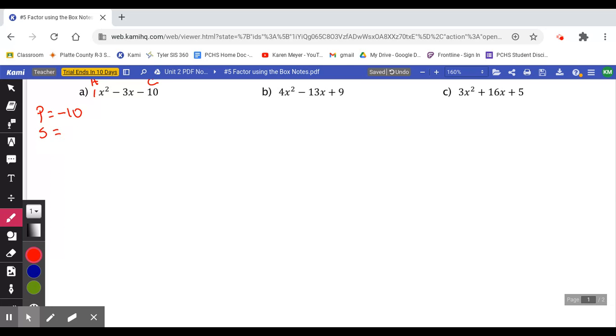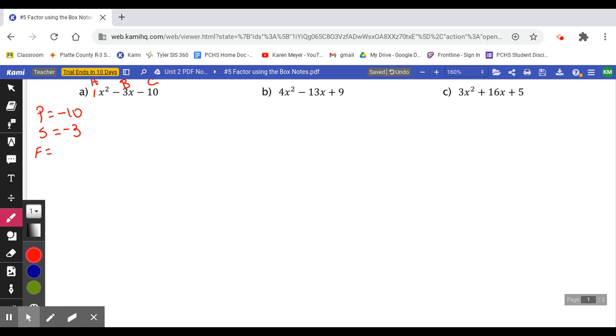Sum is the letter B, and B is negative 3. Factors: you have to find two numbers that will multiply for negative 10 and add for negative 3.